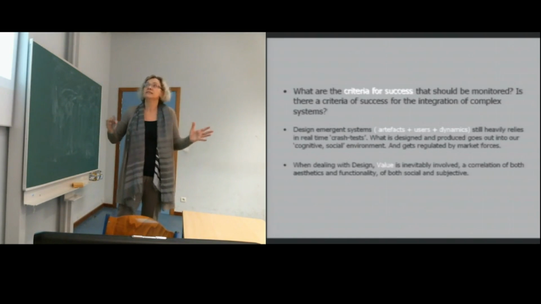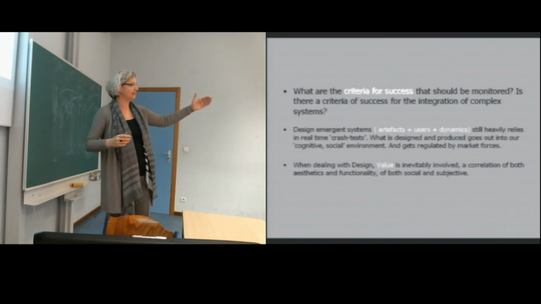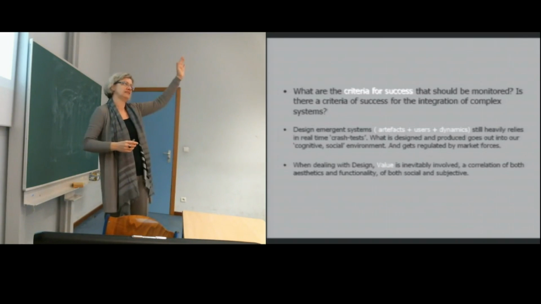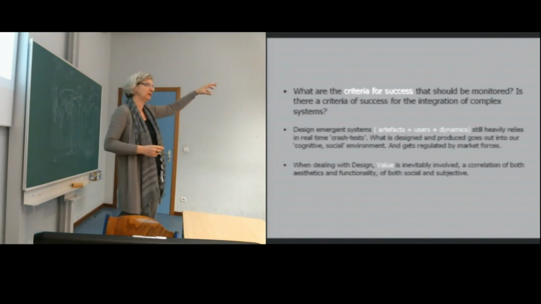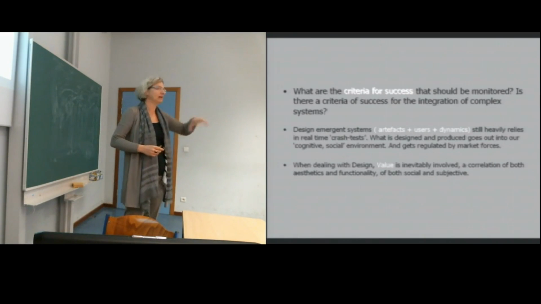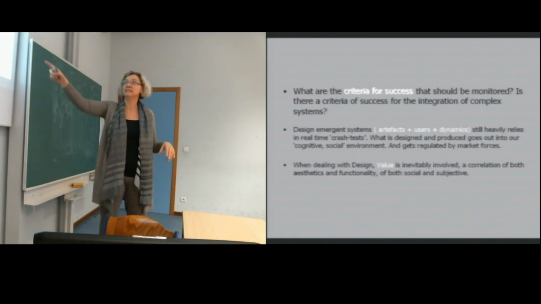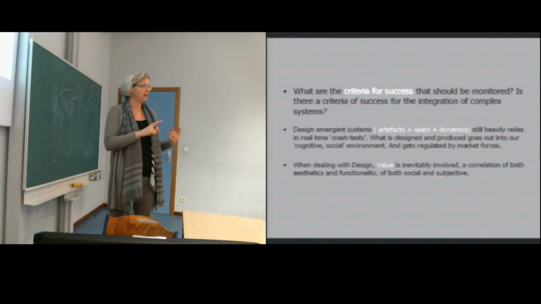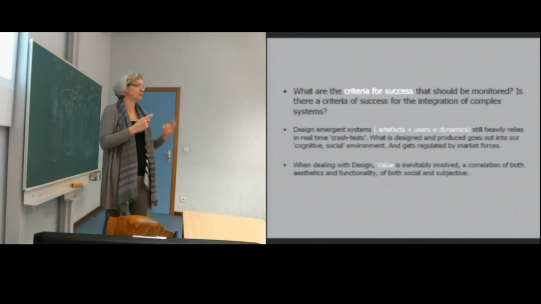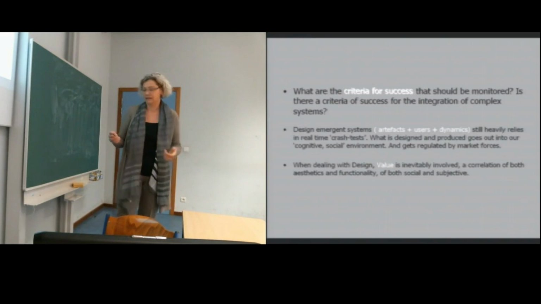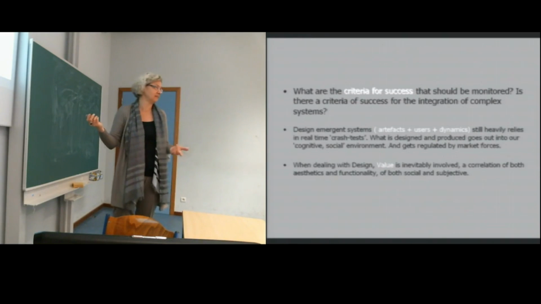And this is a very difficult question, because design until 10, 15 years ago solved it by saying it's the genius of the designer, the genius of the architect. It put it completely on the individual. Today, this is absolutely not possible. So this is a very serious question: how do we discuss between the subjective, the collective, the aesthetic and the functional? And we've seen quite some disasters around.